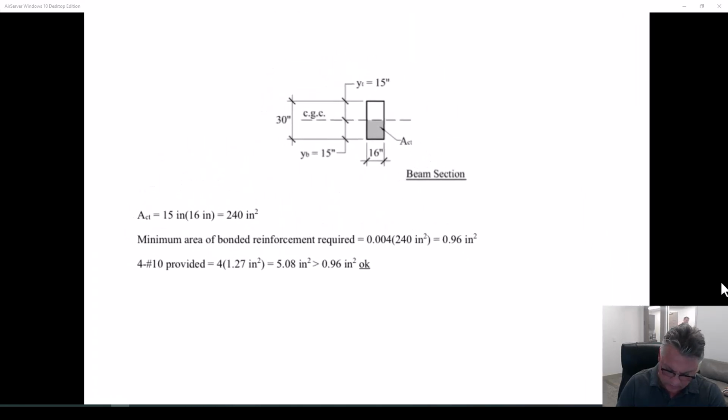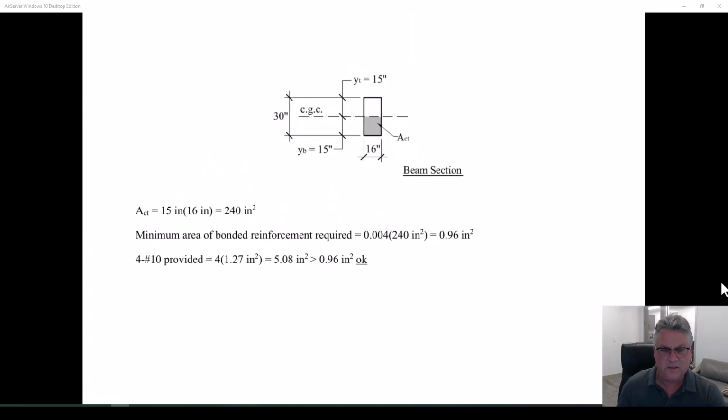So now in this particular example, remember, we're back to the elastic section. Don't ask me why. That's what the code says. So we go back to the elastic section properties, not the plastic neutral axis, but the elastic neutral axis, which is, in this case, 15 inches from both the top and the bottom. The bottom of this beam is in tension. So below the neutral axis, add up that area. That is ACT.